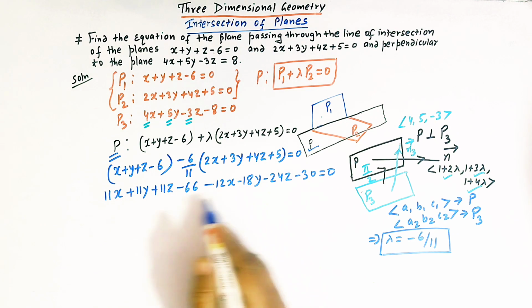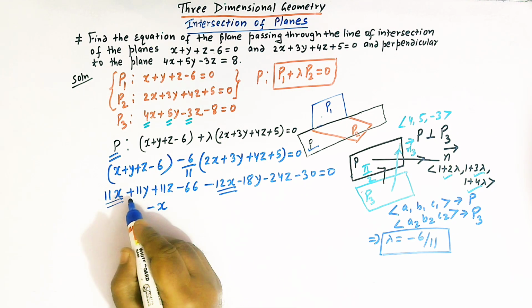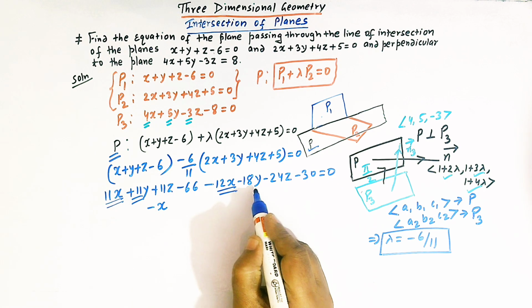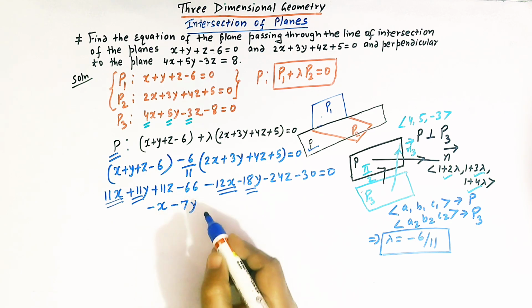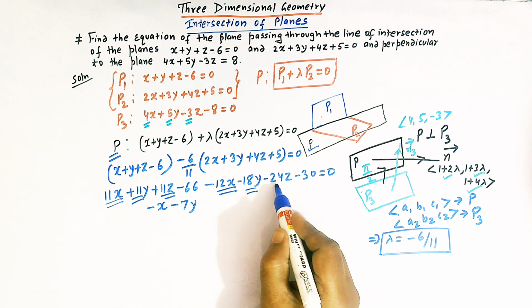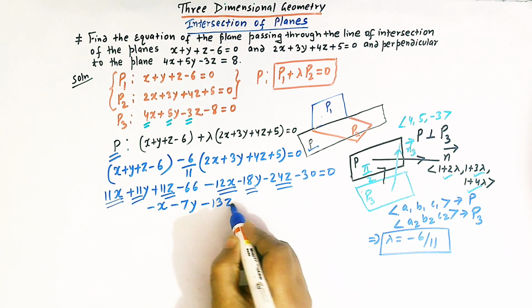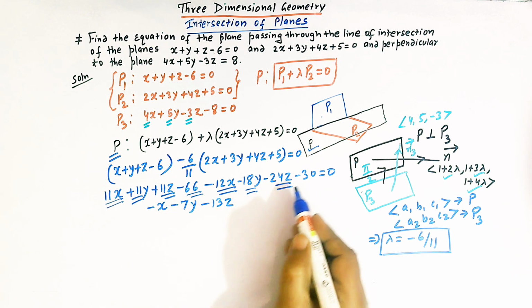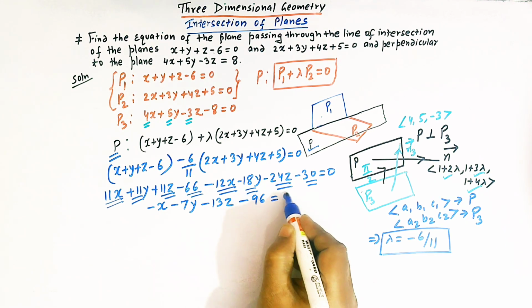So simplifying it, 11x minus 12x is minus x, 11y minus 18y is minus 7y, and then 11z minus 24z is minus 13z, and minus 66 and minus 30 is minus 96, right?